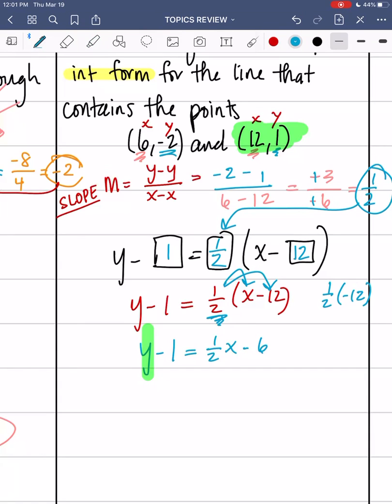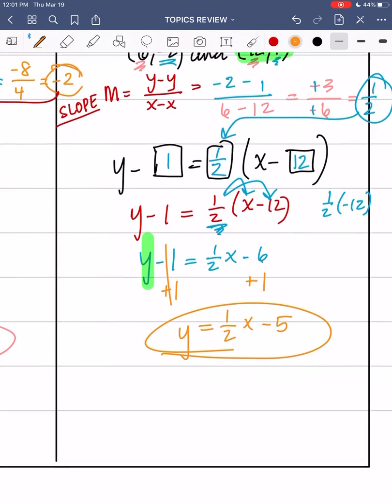I need to move this minus 1, so we're going to have plus 1. When I add 1, it's going to get added to the negative 6, because that's just the number. Equals 1/2 x. Minus 6 plus 1 is minus 5. Whoops, I wrote 2 equal signs. My bad.